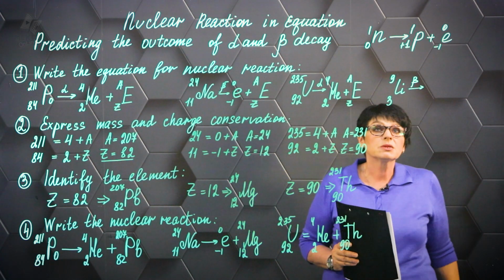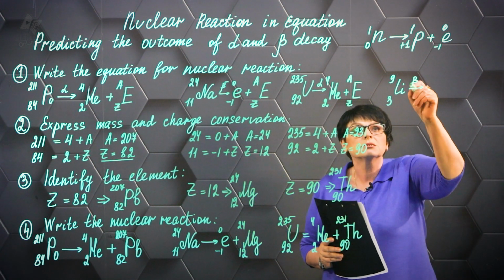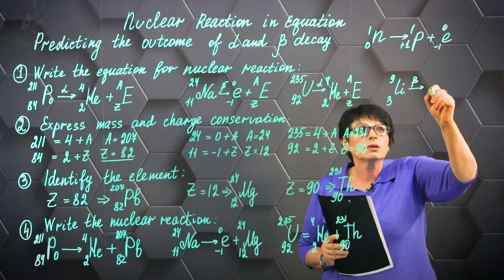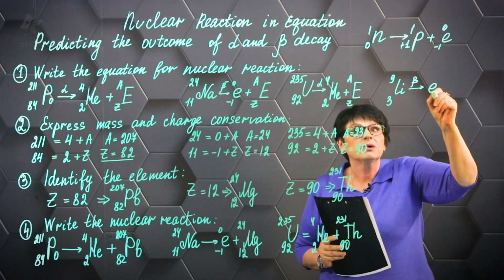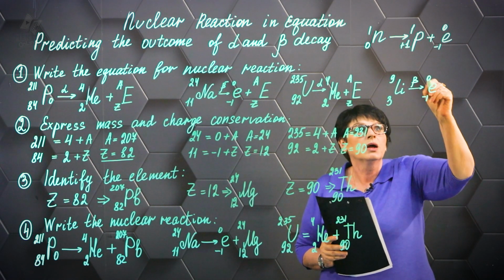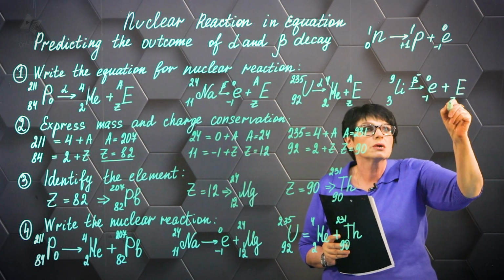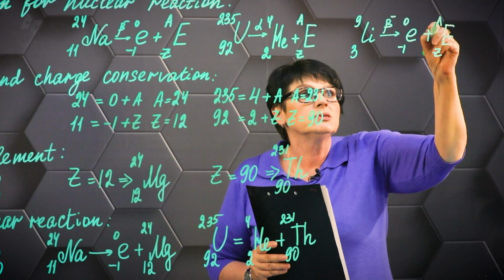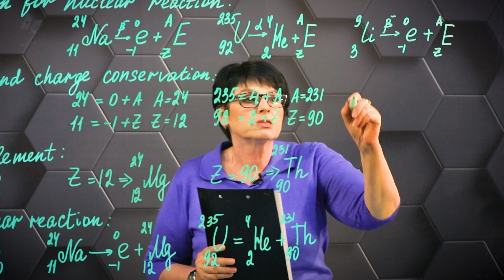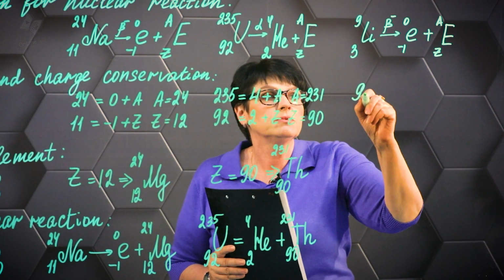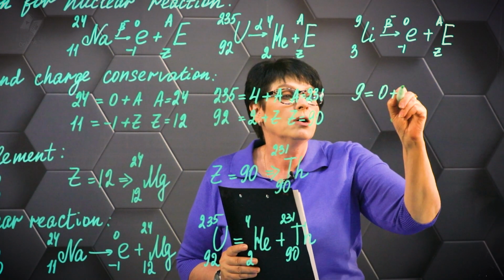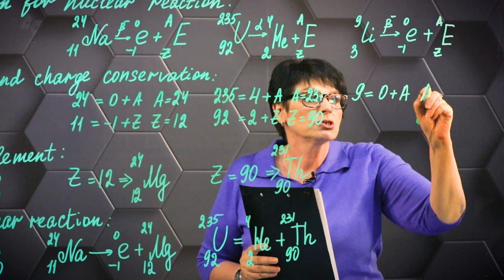And the last example is lithium, which undergoes beta decay. In this case, the beta particle is an electron, beta minus. And again, the unknown is the element we want to determine. So we do exactly the same thing. At the top we have 9, here we have 0, plus A, so A equals 9.